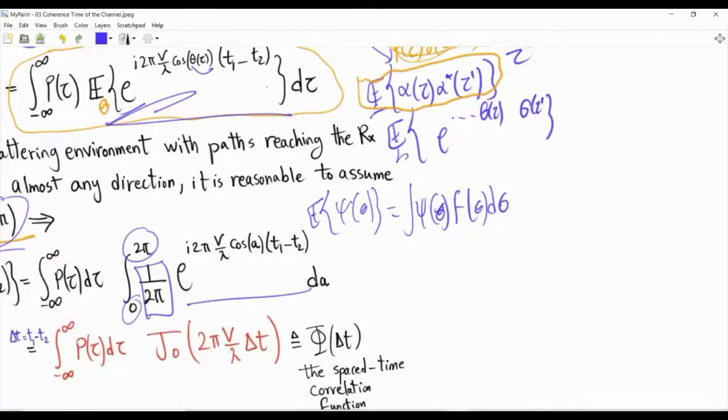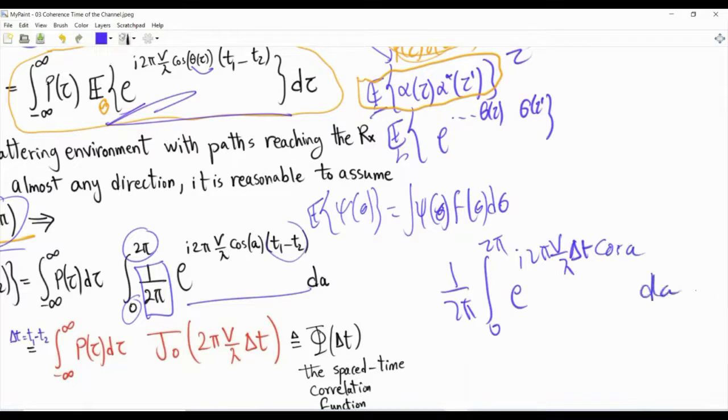We said, let's assume the most simple thing, which is that theta is uniform from 0 to 2 pi, and so you get something like this: e to the i 2 pi v over lambda, and then, when you apply uncorrelated scattering, rather than having T1 alone and T2 alone, they will be combined as a difference, like what happened before to f1 and f2. So you will get delta T, and then cosine theta. So what is this integral?